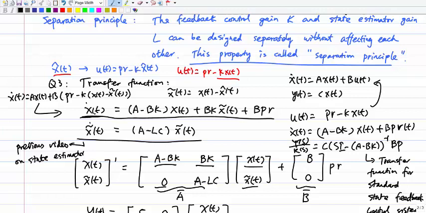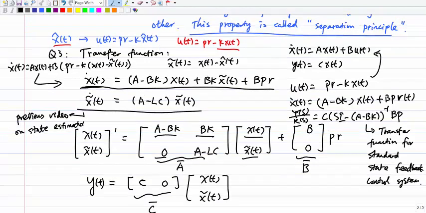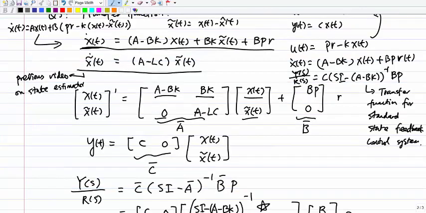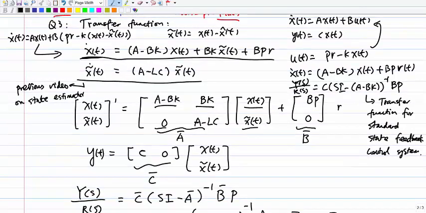So if we do that way, of course, I can do this one. And y t is C and 0 times x t, because now I augment the state from x t to x t and x tilde t, so it's C 0 times x t and x tilde t.